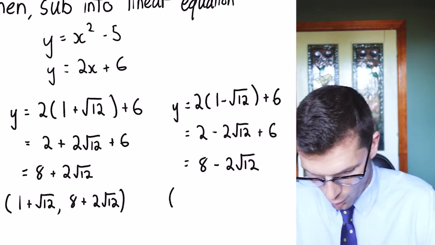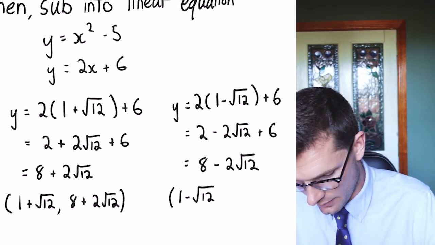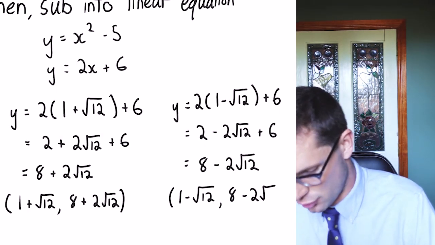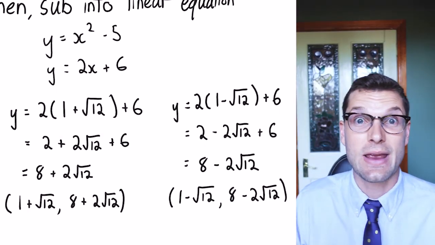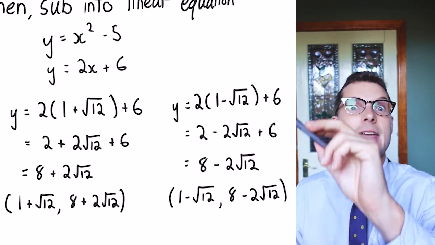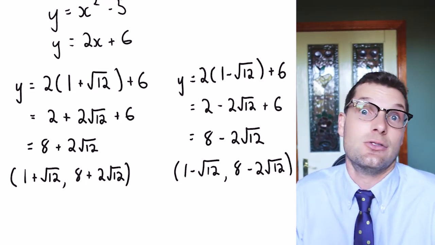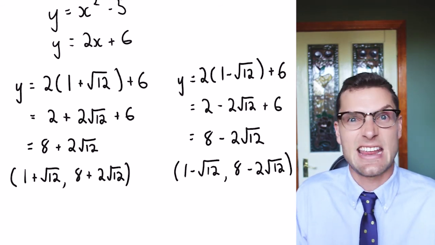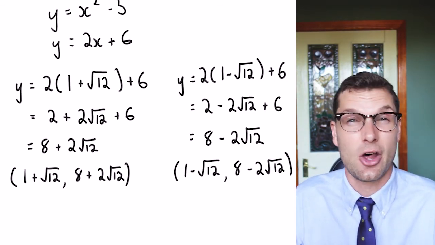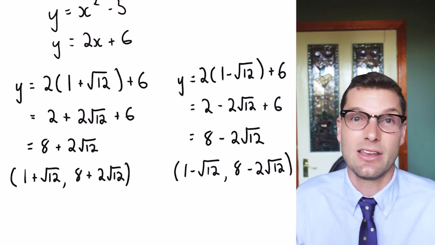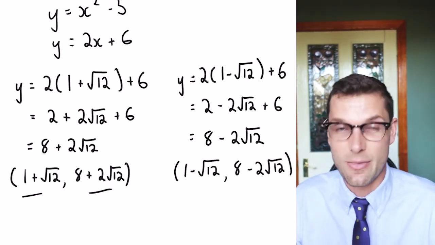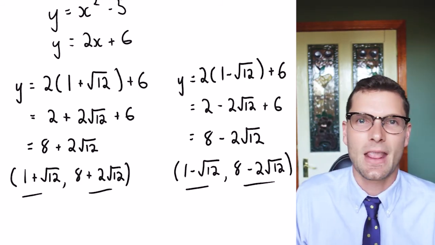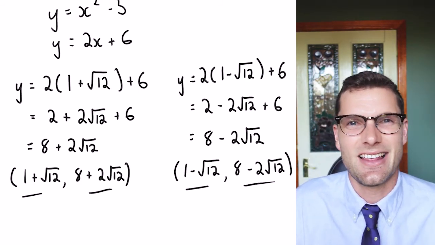So this is 1 minus root 12 as my x coordinate and 8 minus 2 root 12. Because we had a parabola to start off, so even on both sides, that's why these look so similar as our final answers. If you leave them as decimals and whole numbers, it becomes a lot harder to see that, but this is really clear that this number and this number are very much related to this number and this number.